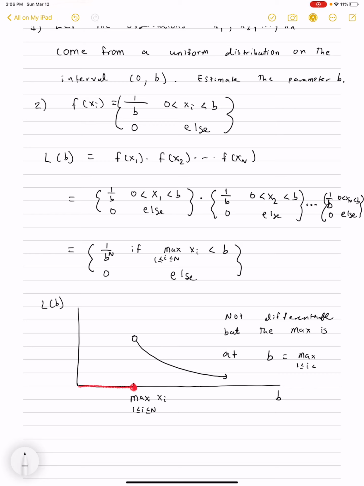Okay, so that is the location of the max. This is the max right here, to be a little bit more precise, and this is the location of the max.